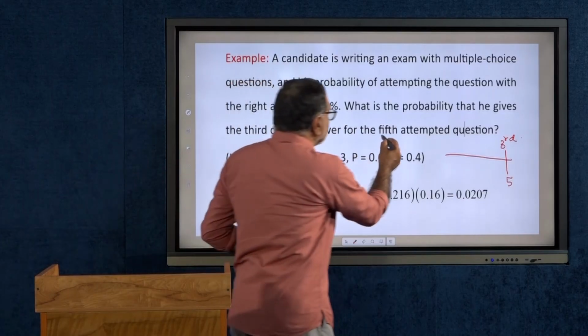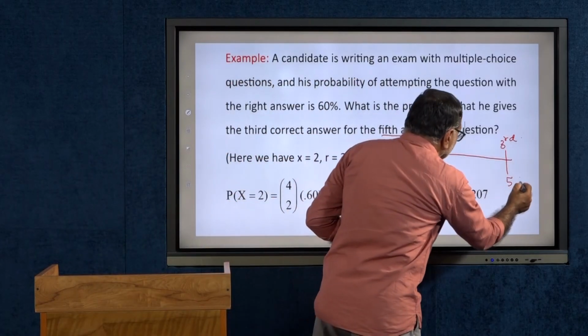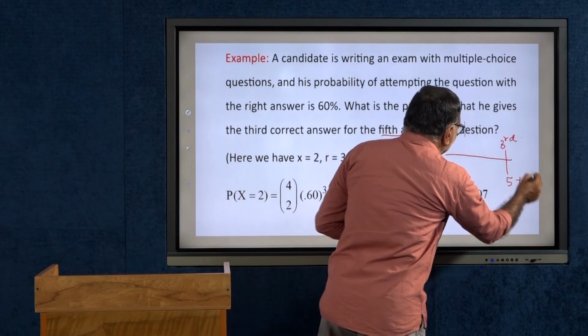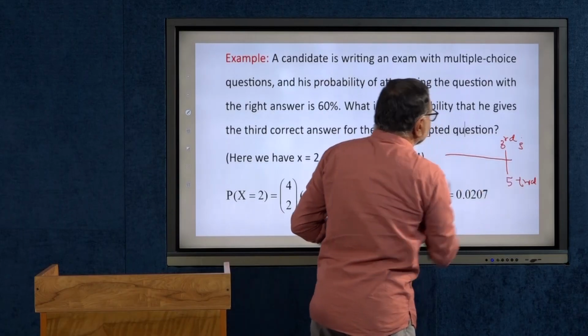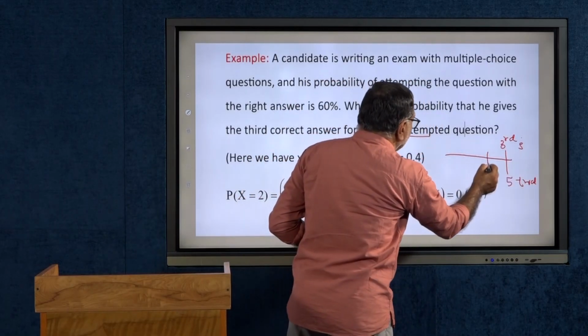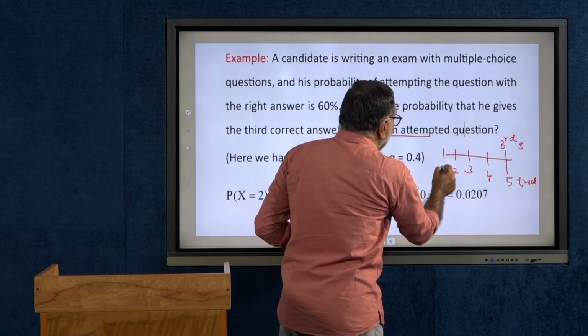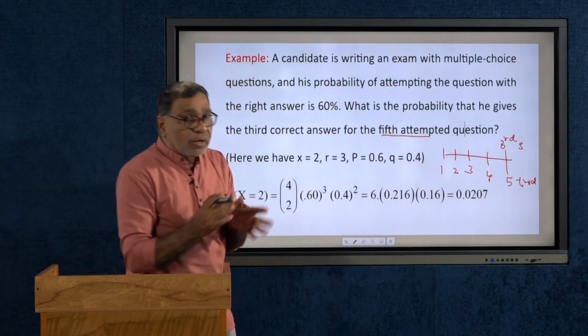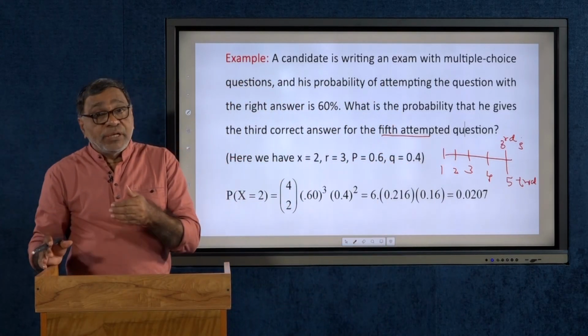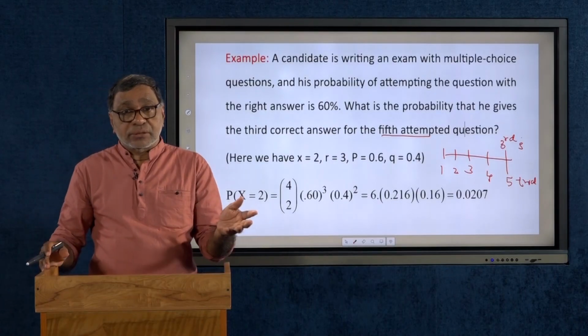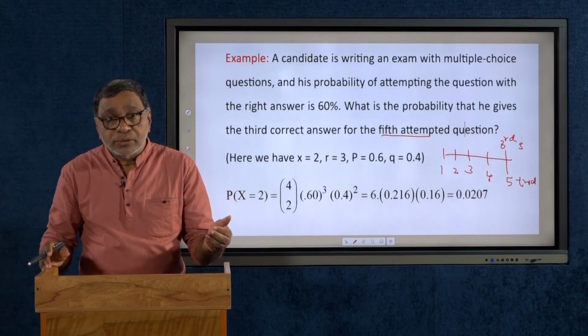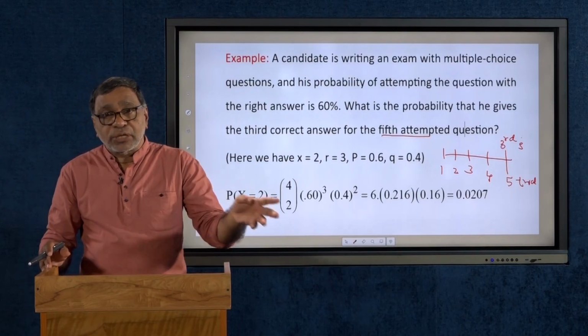This is in the fifth trial. In the fifth trial, we have the third success. So that means in the first 4 trials, how many successes? 2 successes. And how many failures? Of course, 2, because 4 trials are there.